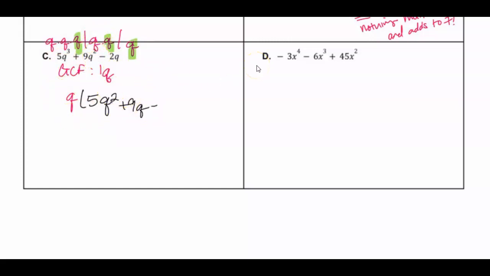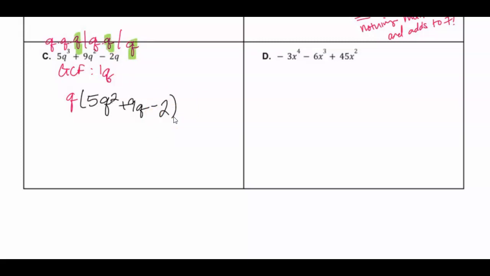I need the minus 2. And actually here, when I do my minus 2, I can see that, hey, there was no more Q's left over, which makes sense because Q times negative 2 is negative 2Q. So I don't need another Q here.